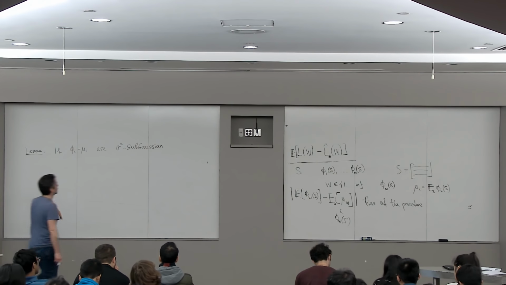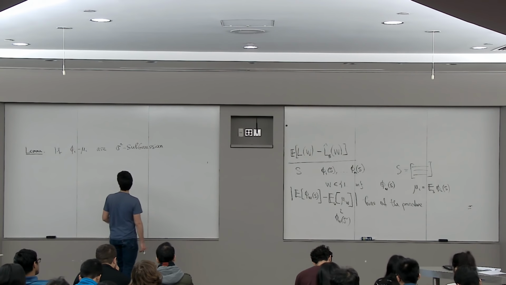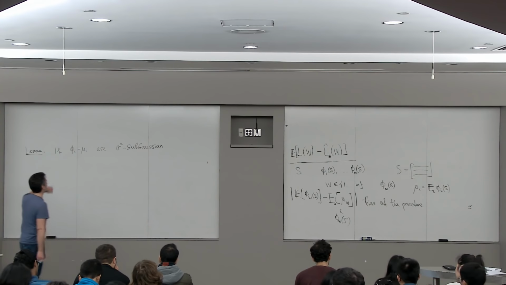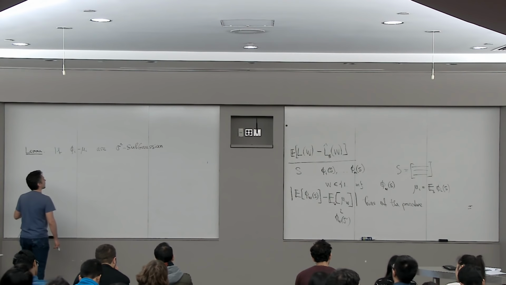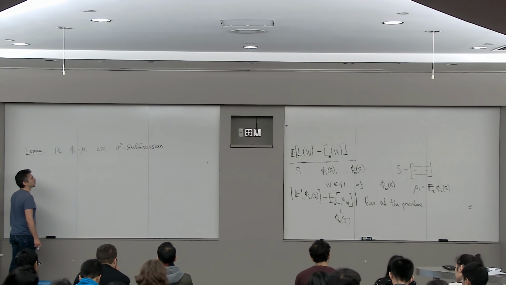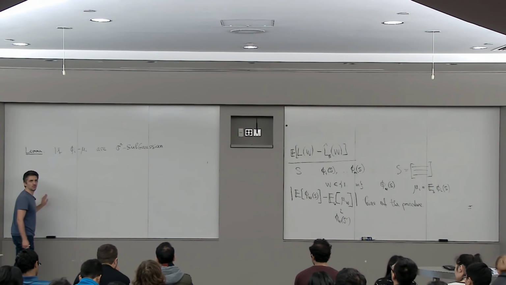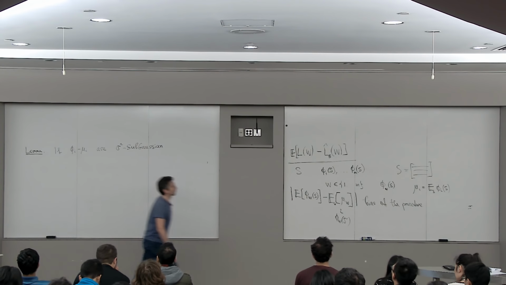Okay, so suppose that they're sub-Gaussian. Should I write down what it means to be sub-Gaussian more formally? We've never done this.